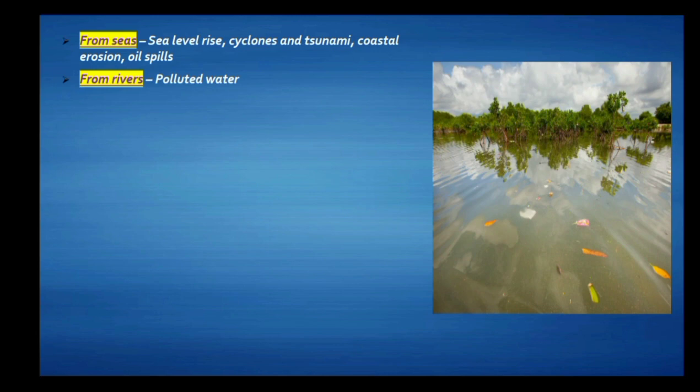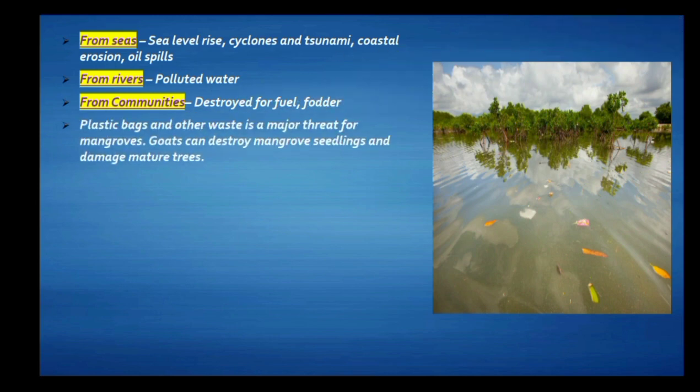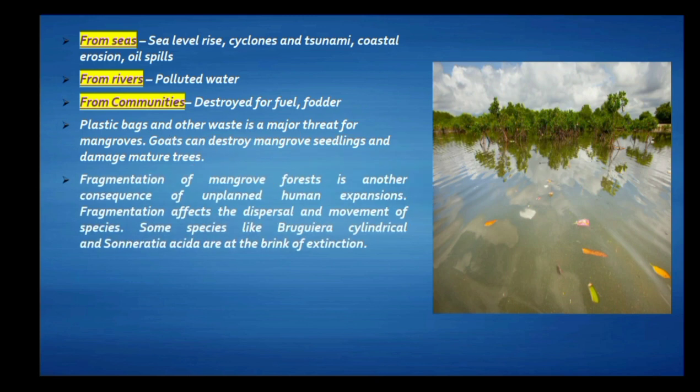From the rivers, polluted water, and from communities, destruction for fuel and fodder, plastic bags and other waste are a major threat for mangroves. Both can destroy mangrove seedlings and damage mature trees.